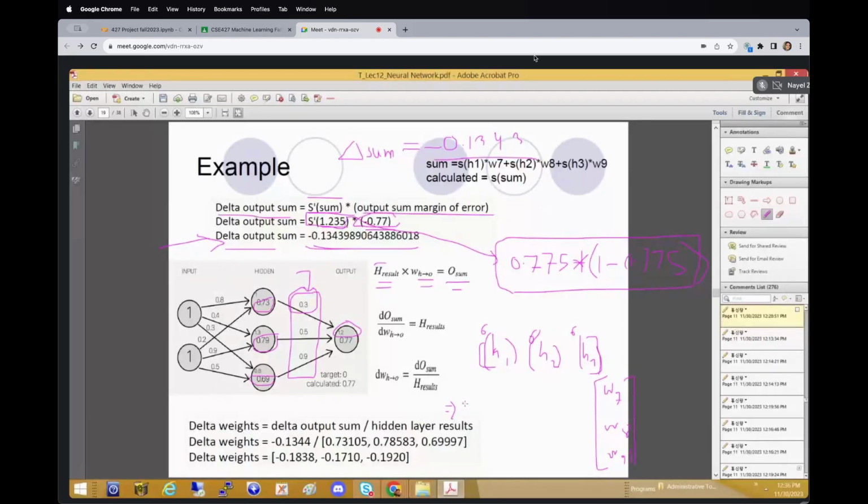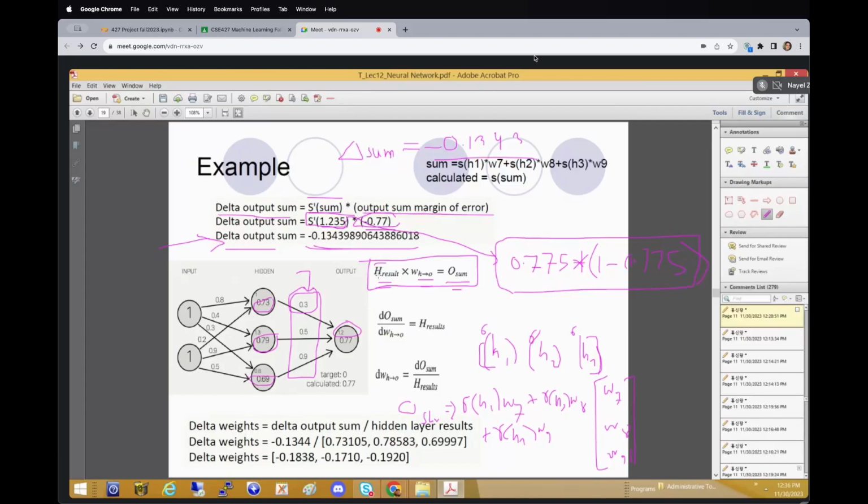So the output sum is sigmoid of h1 times w7, plus sigmoid of h2 times w8, plus sigmoid of h3 times w9. That's the equation, written in vector form.